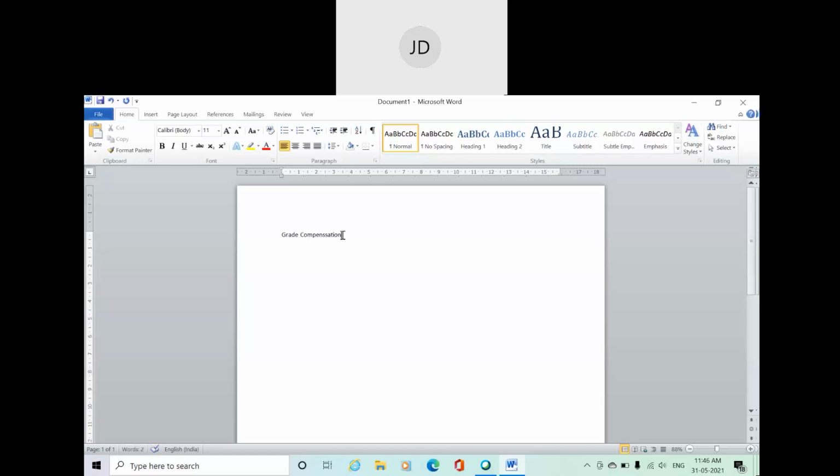So what is actually grade compensation? Compensation means what? Reduction. Grade compensation means to reduce something, or to compensate something. So when do we need to go for grade compensation? First of all, what is grade compensation?